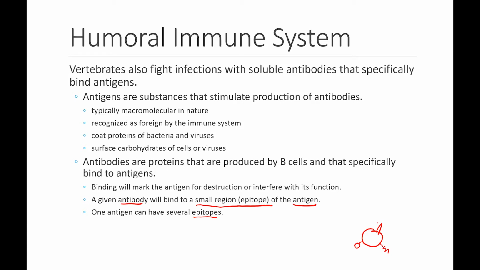So a B cell might make an antibody that fits this particular protein, and it might also make an antibody that fits this sugar, and it might also make an antibody that fits this lipid.